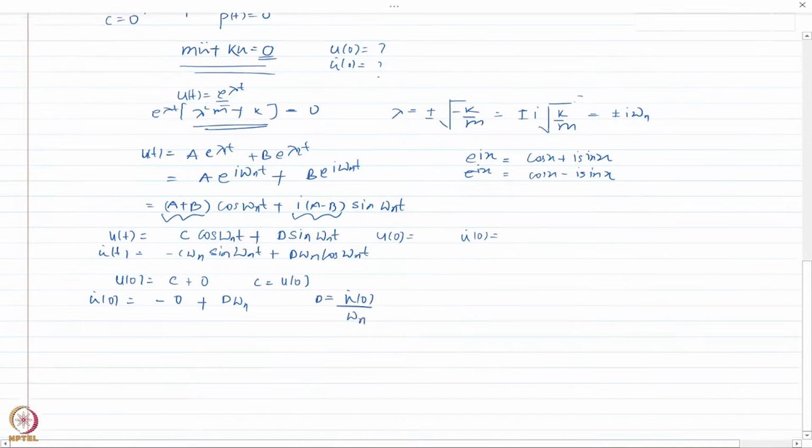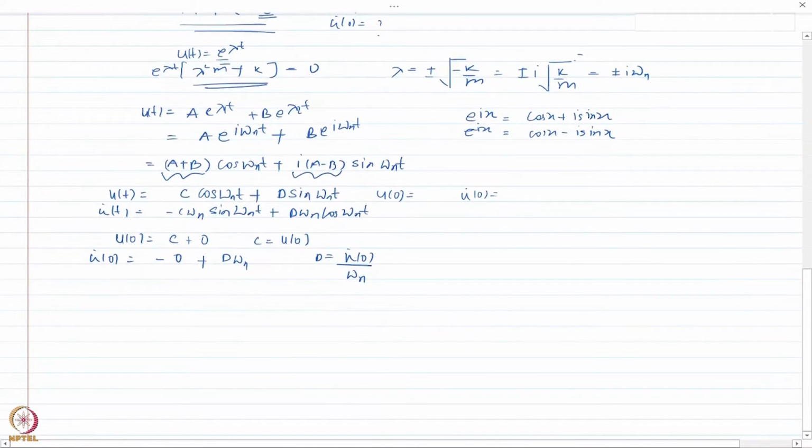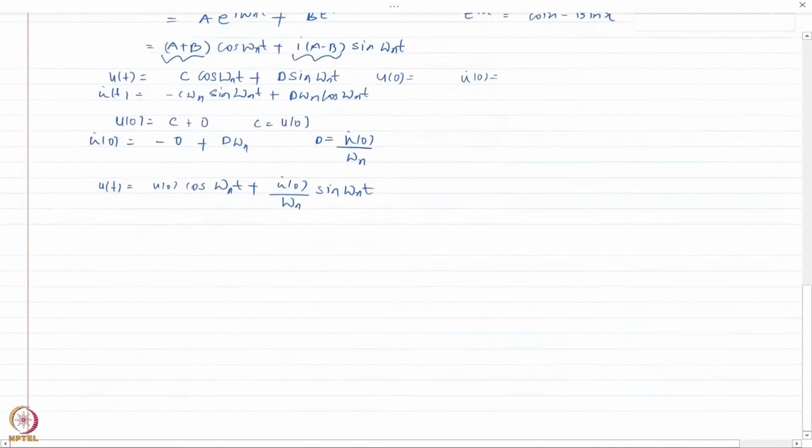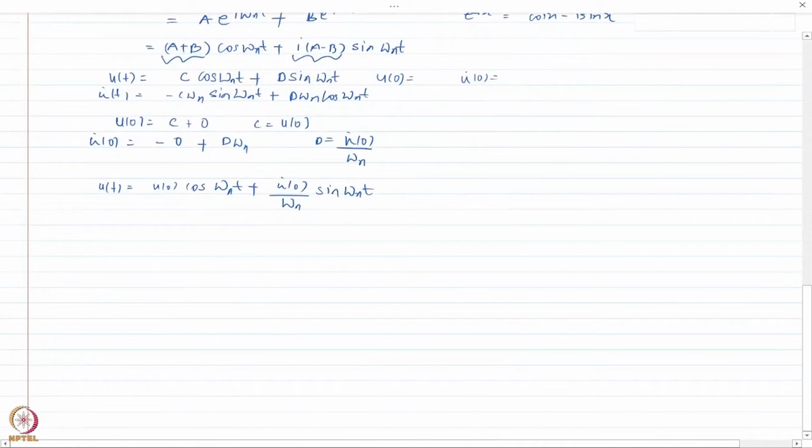If I substitute this into the expression that I had for u of t, I get u of t is equal to u of 0 cos omega nt plus u dot of 0 by omega n sin omega nt. All right, so this is the solution of free vibration for the initial condition u of 0 and u dot of 0.